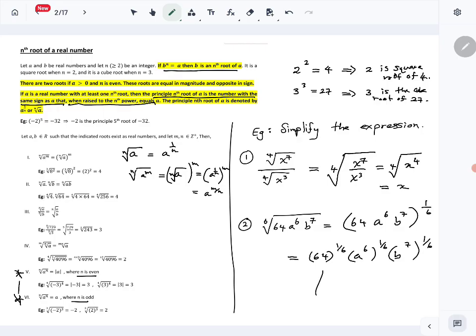Now simplify again. 64 is what? 2 to the 6. The 6 and 1 over 6 cancel to give a. So 2a times b to the 7 over 6. Right. So you need to know how to simplify expressions involving roots.